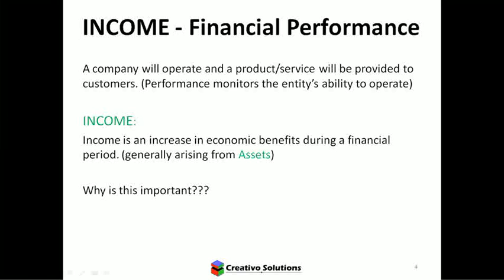So how do we know if something is income or not? Well, we spoke about IFRS in one of the earlier videos that we had, and we mentioned how important the rules are so that everyone is speaking the same language. So it's important to have a set of definitions that we can apply so we know what we're dealing with.